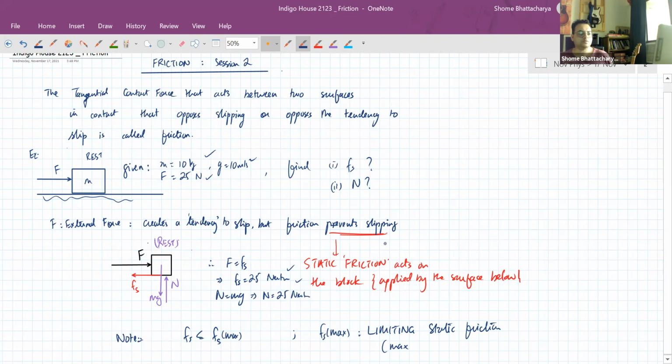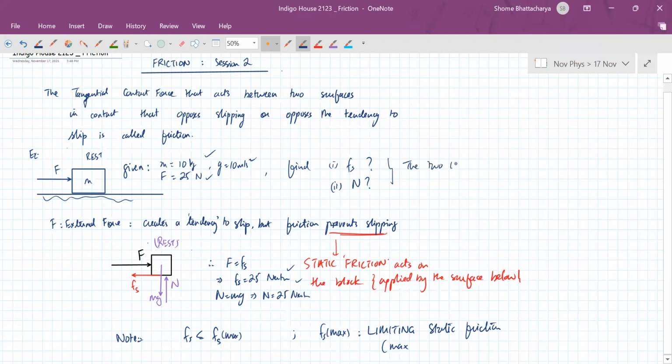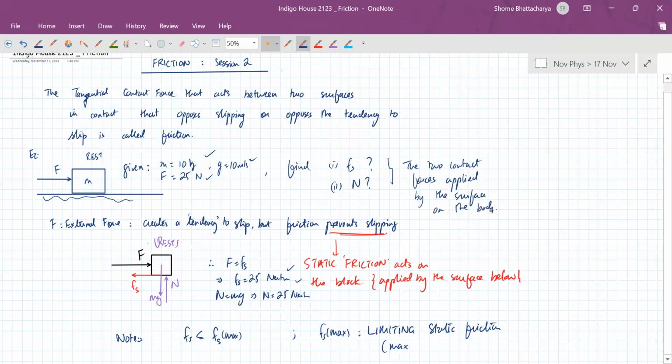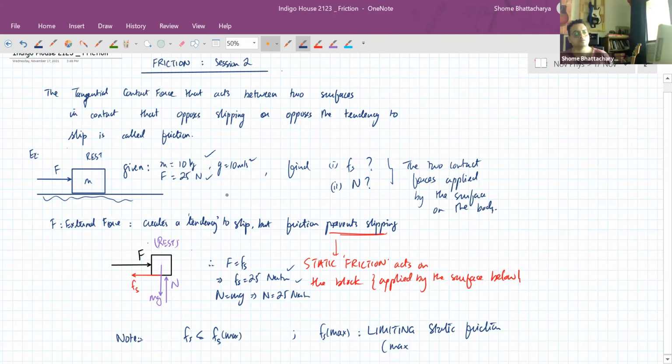That is, the two contact forces applied by the surface: one is normal and one is friction. So that we have done over here.